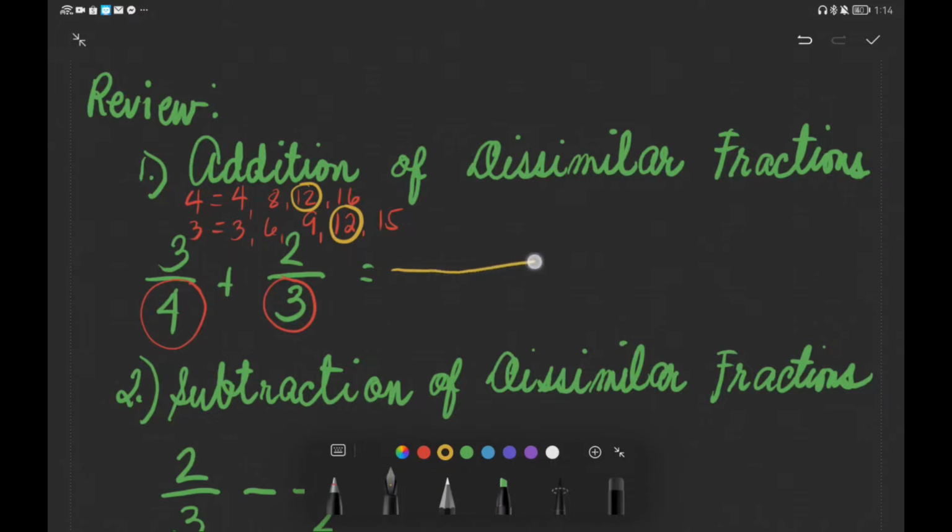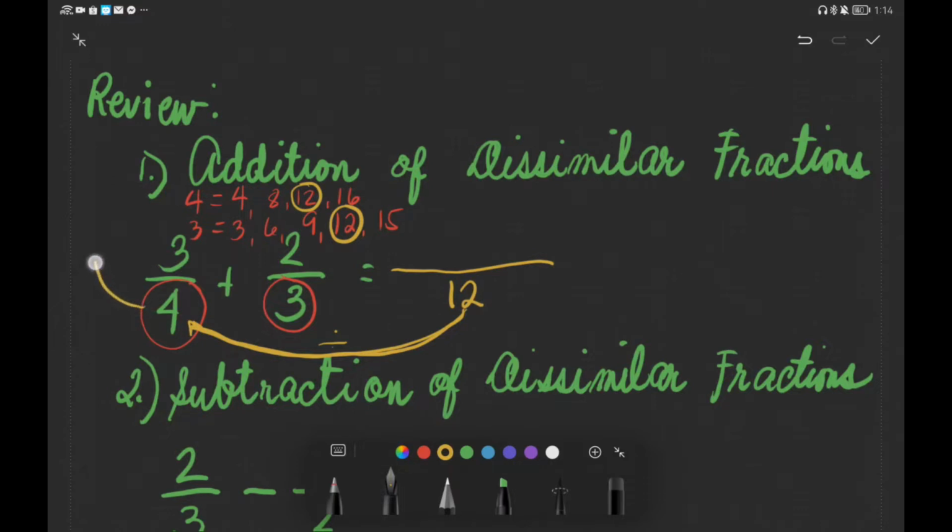So, therefore, we put 12 here and we divide. 12 divided by 4, that is 3.